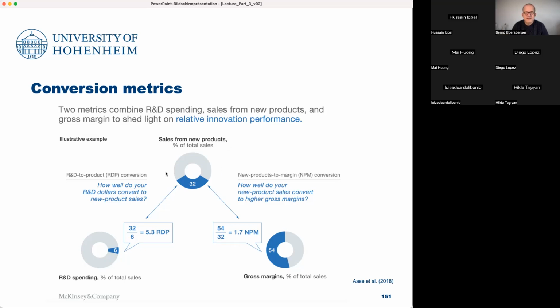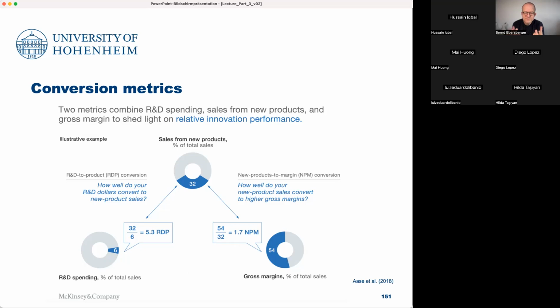Second measure you need is sales from new products as a percentage of total sales. And you need the gross margin as a measure of total sales. So how much do you make as a measure of total sales?